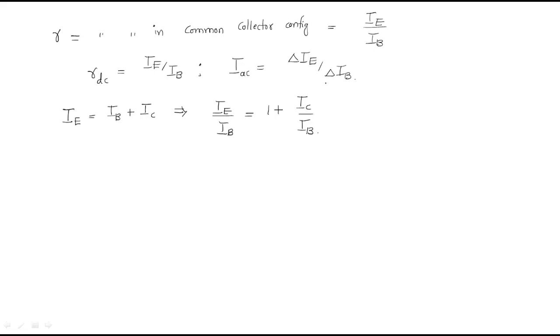So the emitter current by base current is gamma, and this is beta. This is the first relation, gamma equal to 1 plus beta.